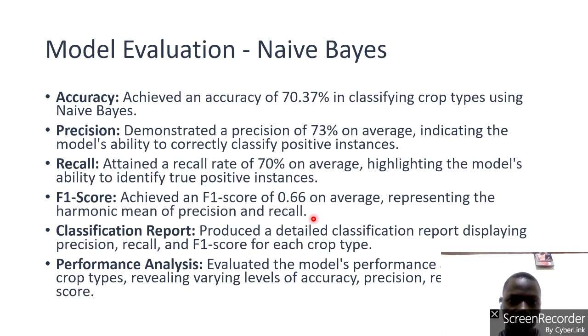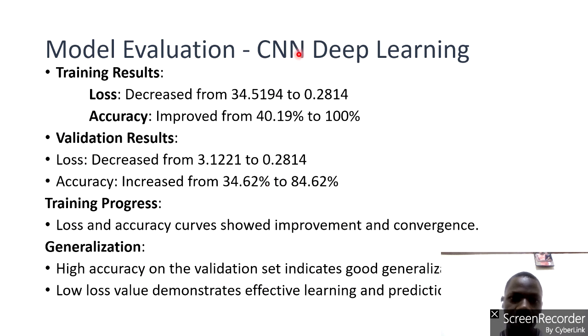This was the performance of my naive Bayes model, and then I also built the CNN deep learning model, where I evaluated my model in terms of accuracy and loss. The loss went on decreasing as the different epochs were being run, and the accuracy went on improving, started off at 40% but went up to 100%. The test accuracy was 100%, and the validation accuracy was 84.62. So the deep learning model performed quite well.